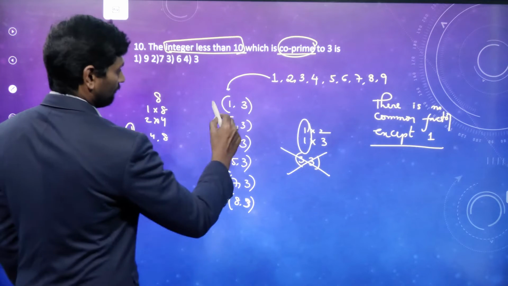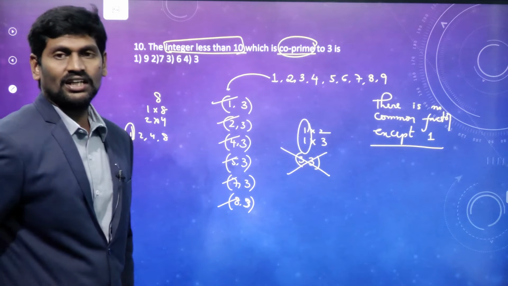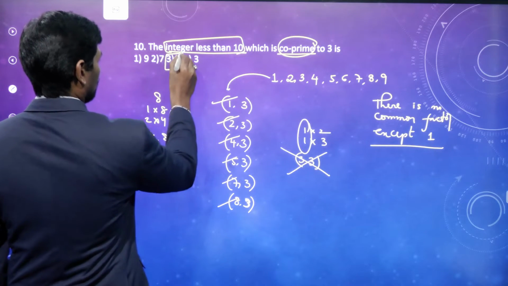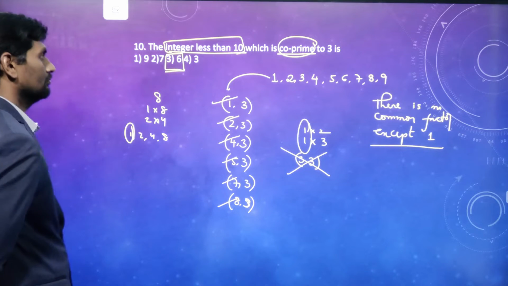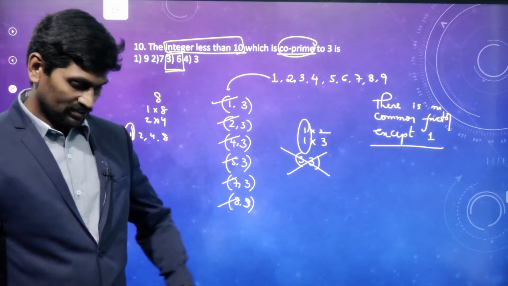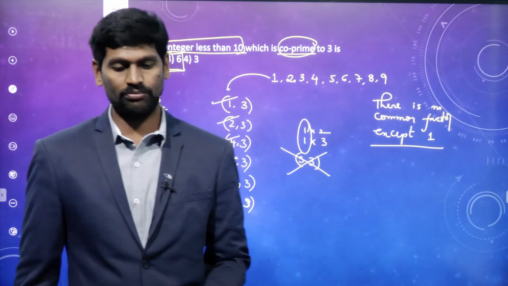So how many are there? 6. There are 6 co-primes. Your option is 3. Right. Now I think you can understand what co-primes or relatively prime numbers are.